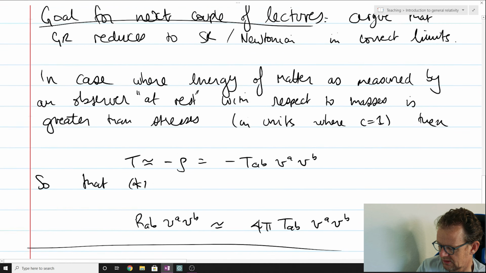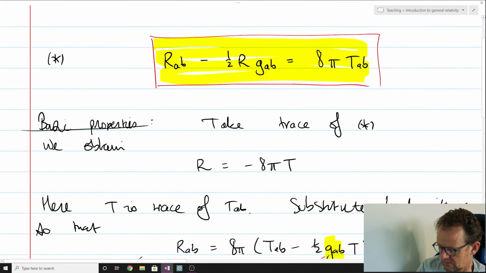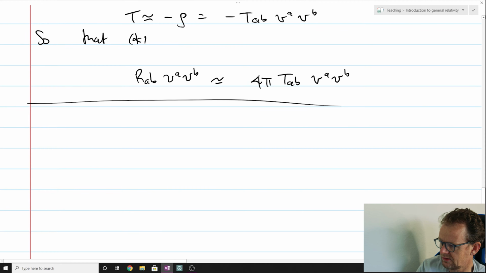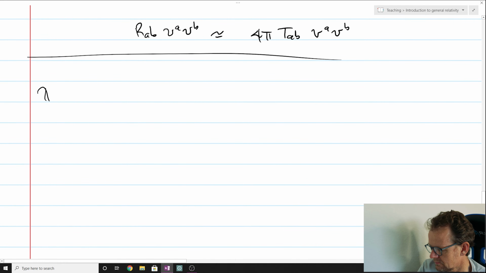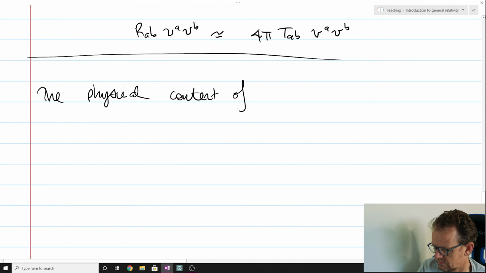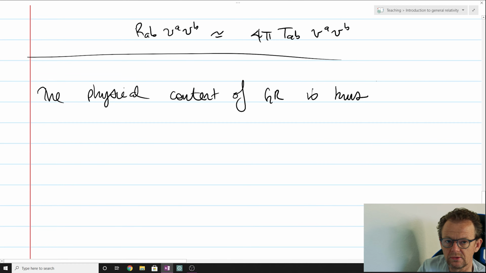Now that we've got Einstein's field equations in hand, it's probably pertinent to summarize the physical content of GR as it is in our course at the current point, before moving on. So what is the physical content of GR?